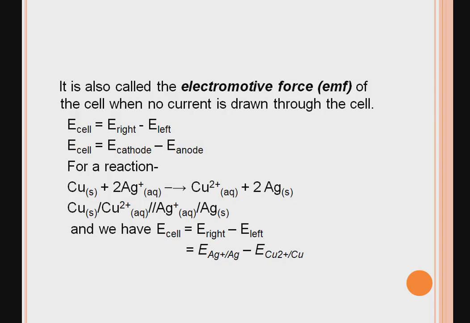From here you can calculate EMF of the cell with the same formula, E right minus E left. Now here cathode is a silver electrode, so it will be reduction potential of cathode minus reduction potential of anode, which is a copper electrode here. Using this formula and this notation, you can calculate EMF of any redox cell.